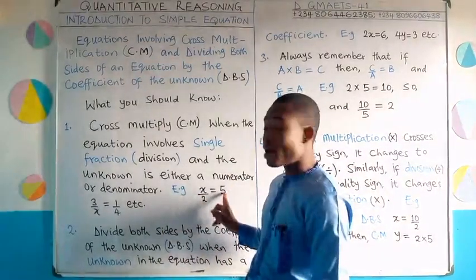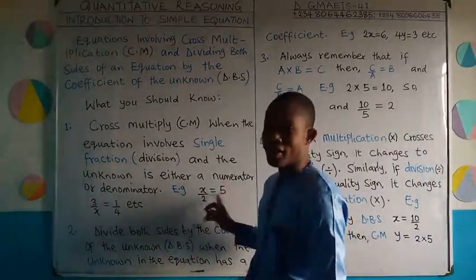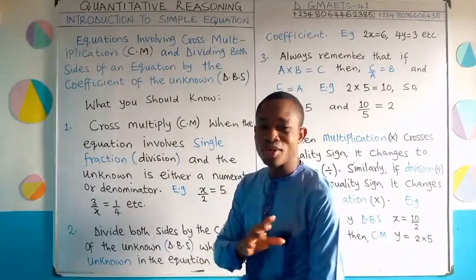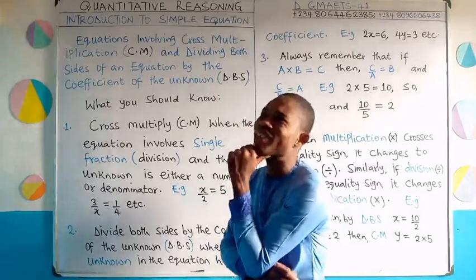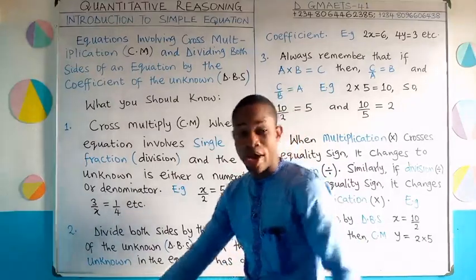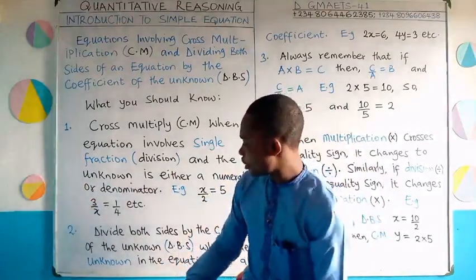I have to move it to the right hand side. And to move that divided by 2 to the right hand side, the mathematical step you will take is to cross multiply. You are wondering, cross multiply, how do I do that? Don't worry, when we start solving questions, you will see that. Anyway, I think I've got some examples here I will also use to explain how you cross multiply.